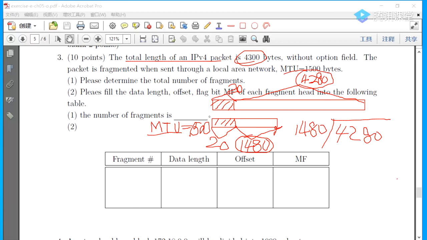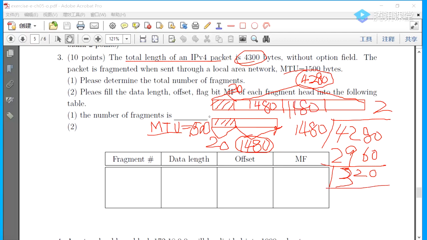So from this division, we can get 2 times 1,480, right?